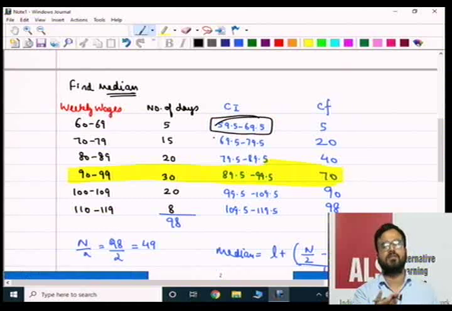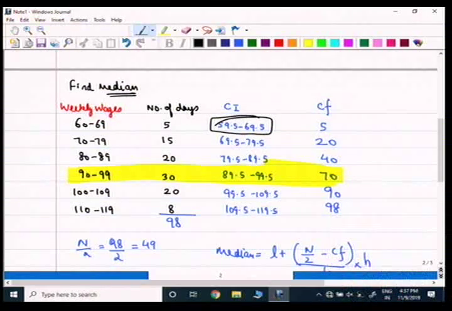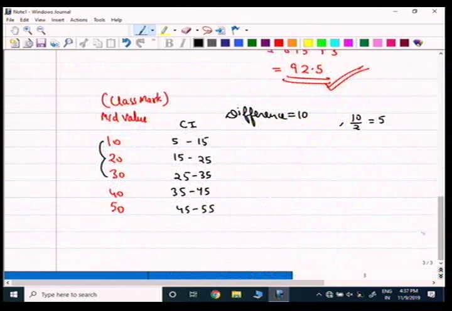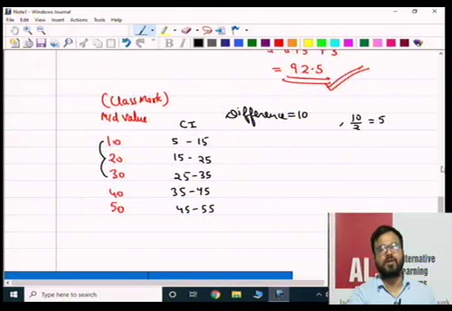If you convert, this can be a fraction. We have written it in decimal, but although it is a fraction, we can convert it into a fraction. It can be. Getting it? So class interval can be a fraction.